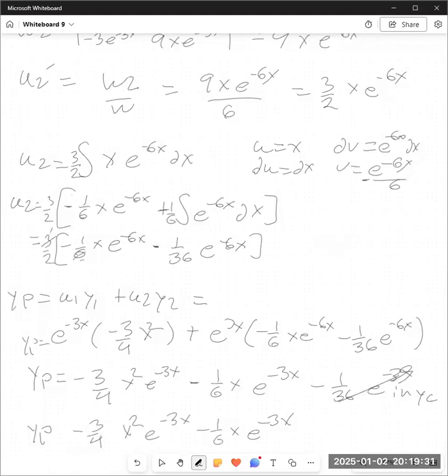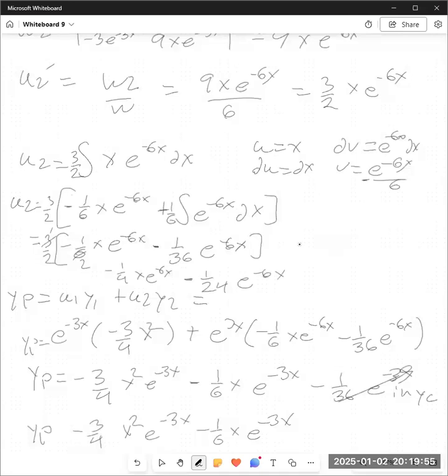So this is negative 1/4 x e to the negative 6x. And this is 3 goes into there 12 times, and then 2 times that, so that's 24 e to the negative 6x.